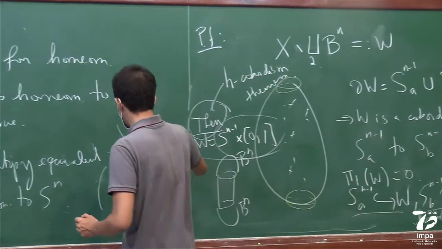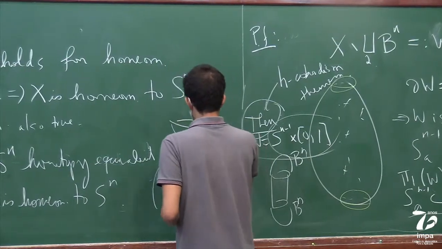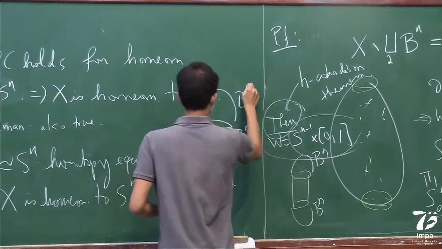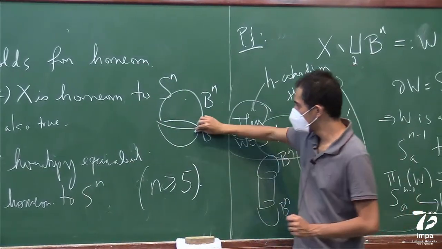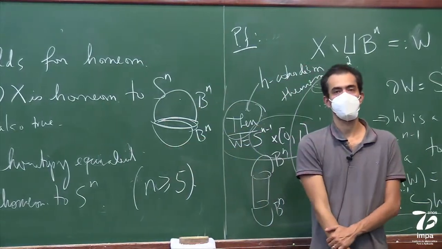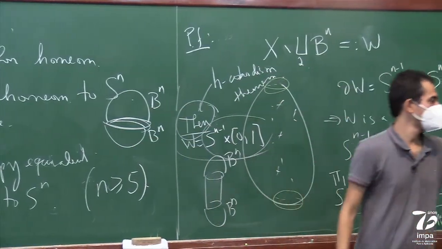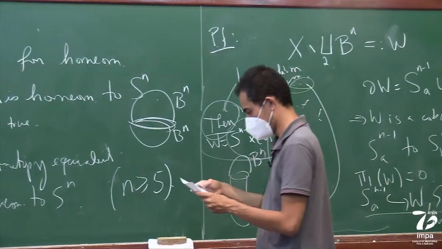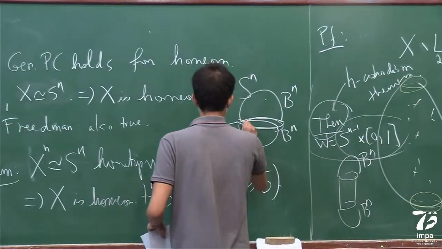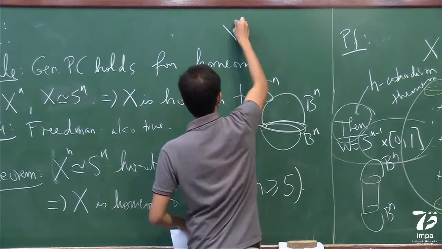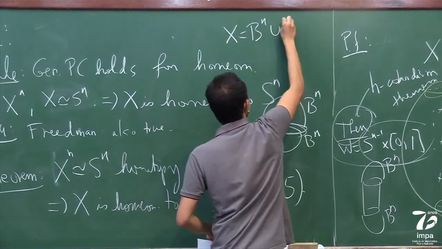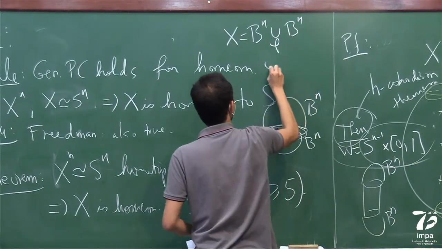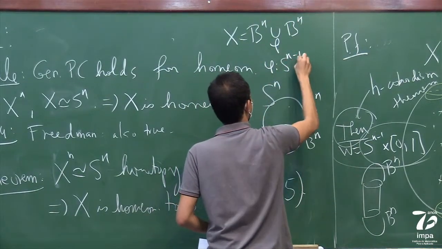So what you have is a ball at the bottom and a ball on top, that are glued along the sphere, glued along a diffeomorphism. So the conclusion is that your X is a Bn union Bn glued along a diffeomorphism of Sn minus 1.